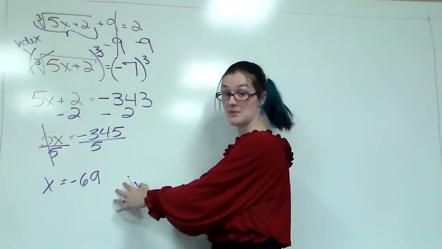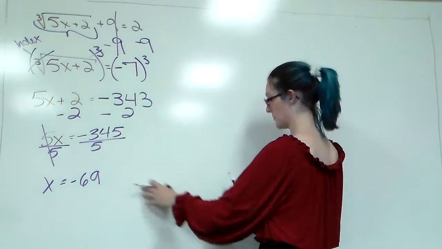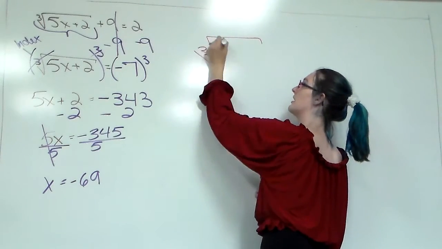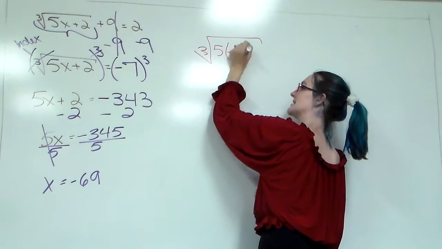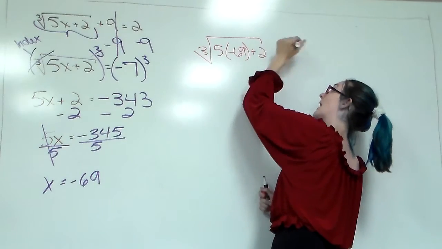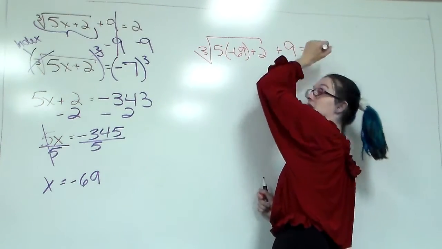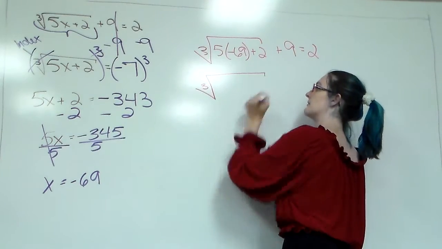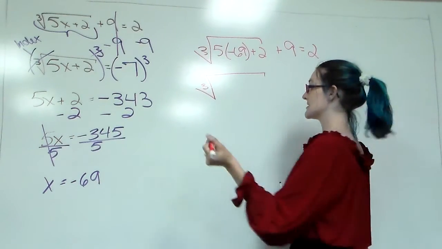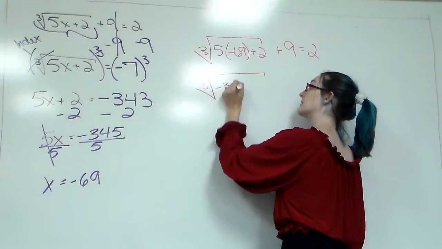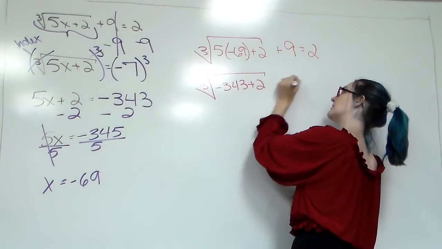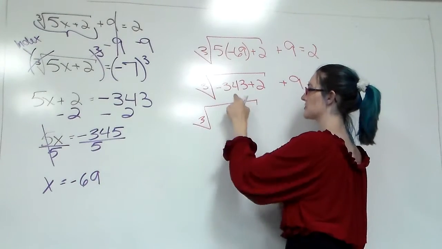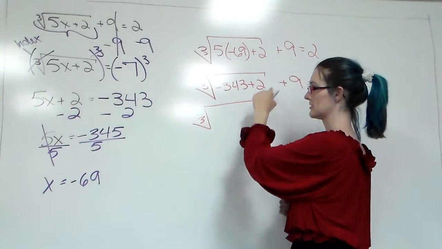Okay? Next step is to check this. So we're going to plug this back in. Cube root of 5 times negative 69 plus 2, outside the radical plus 9 should equal 2. Make sure this answer is correct. 5 times negative 69, that's a negative 345 plus 2.